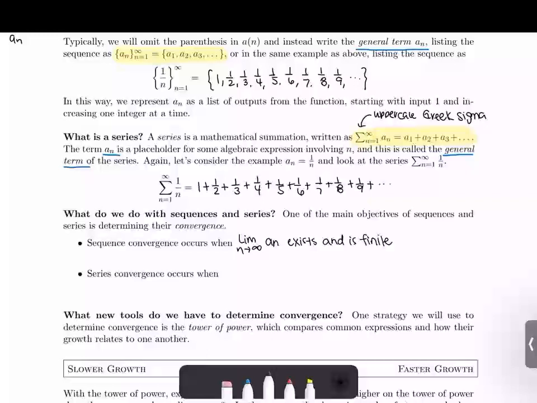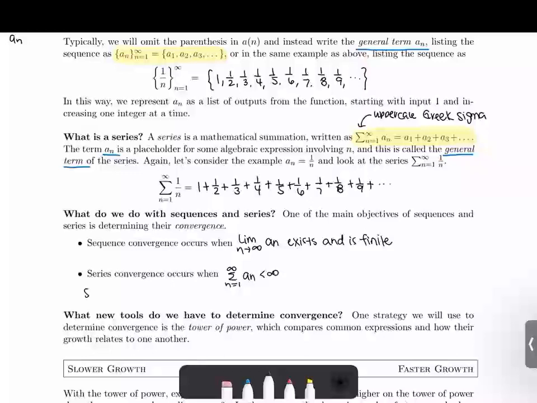Series convergence, on the other hand, has to do with, well, when we add up all of these numbers, do we get something finite? So whenever we actually add up all these numbers, is that summation less than infinity? One way that we're going to look at determining series convergence is actually looking at what's called the partial sums.